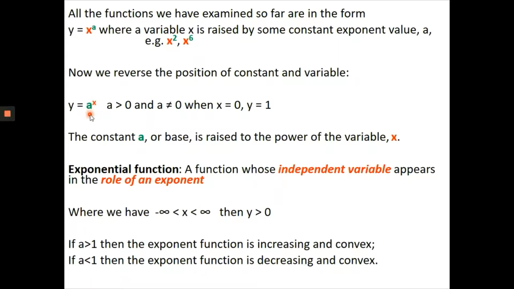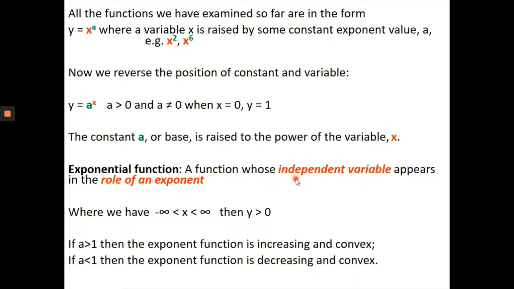All right, and then we have these restrictions where a is greater than 0 and a is not equal to 1. And we know that when x equals 0, anything raised to the power of 0 will make y equal to 1. Okay, so just to summarize, an exponential function is a function whose independent variable, so that would be x, appears in the role of an exponent.